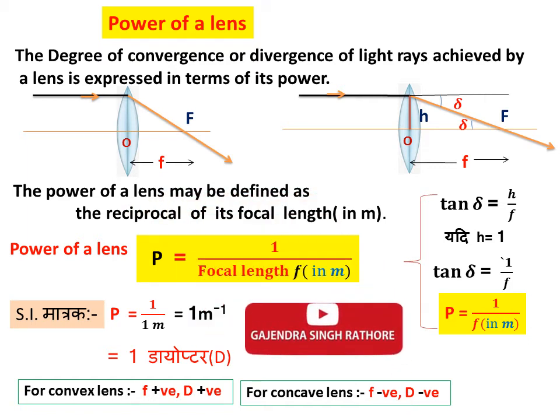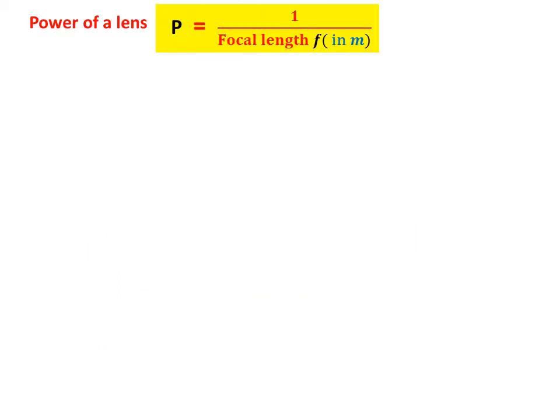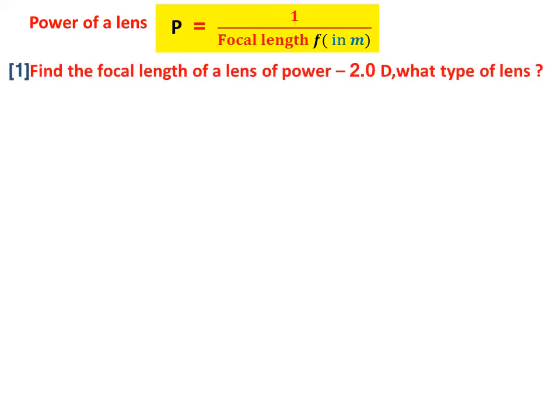Now we can take some examples. We know that power of lens P is equal to 1 upon f in meter, and whenever f is in centimeter, we can say P is equal to 100 upon f.